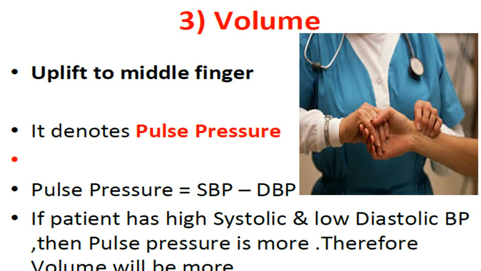The opposite is a tight aortic stenosis, where the pulse pressure is narrow, hence the volume will be less. Also, in a case of high systolic blood pressure, pulse volume will be more, and in a case of low systolic blood pressure, pulse volume will be less.